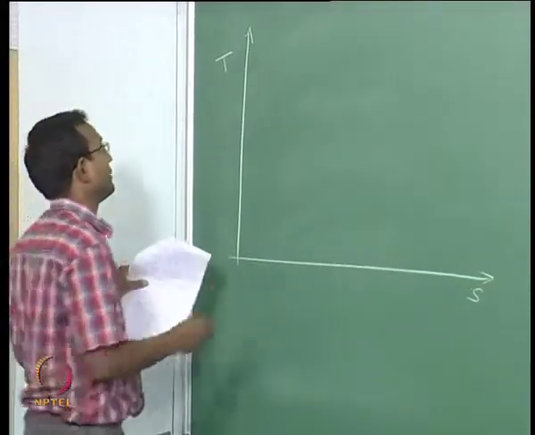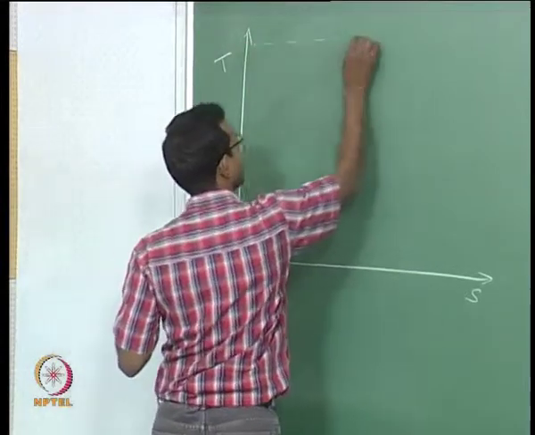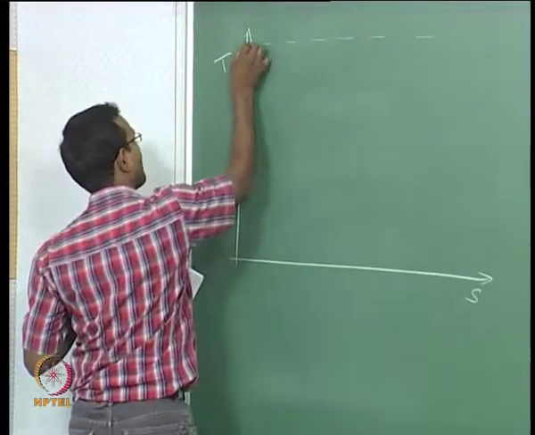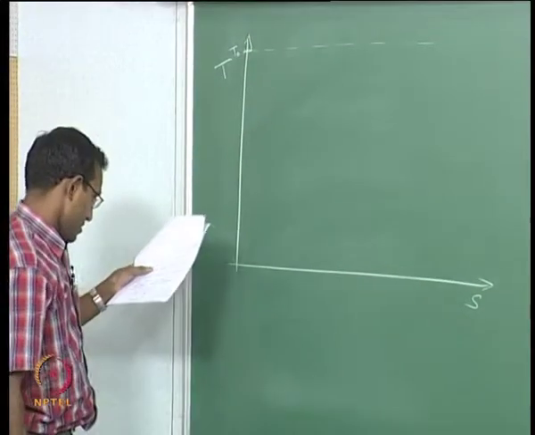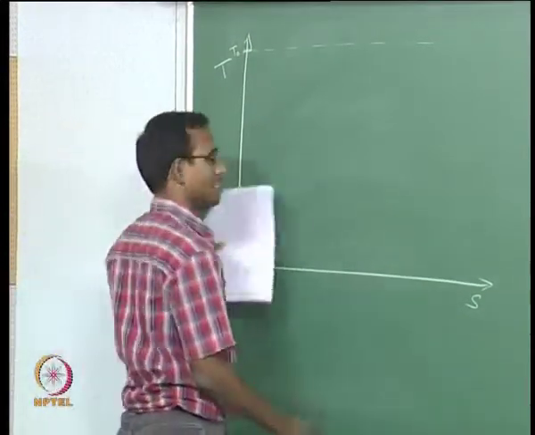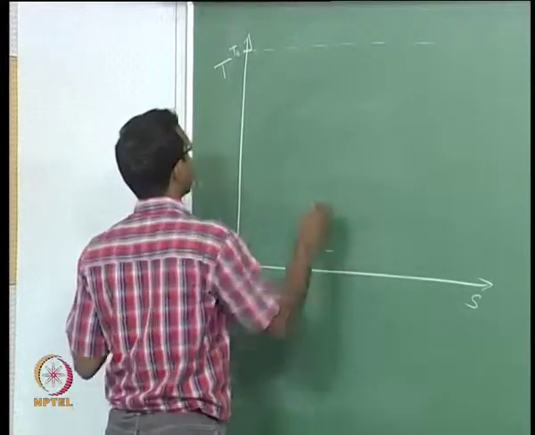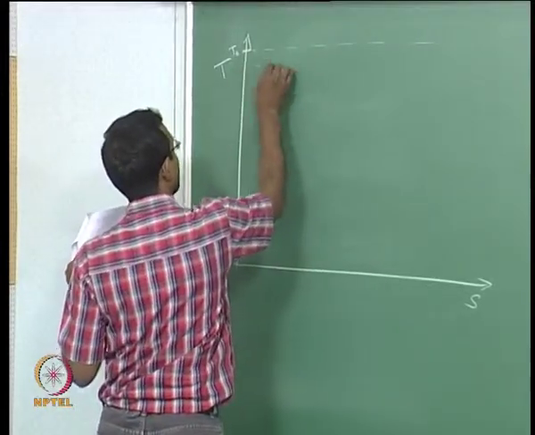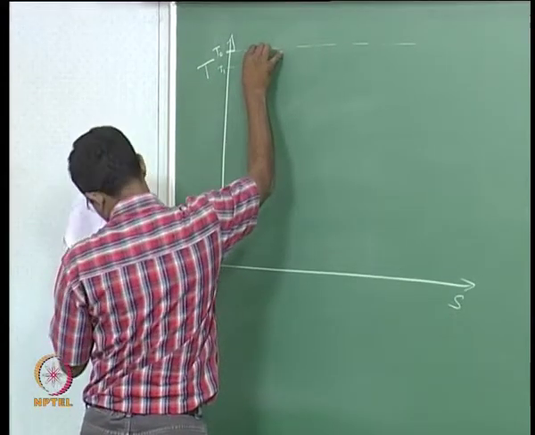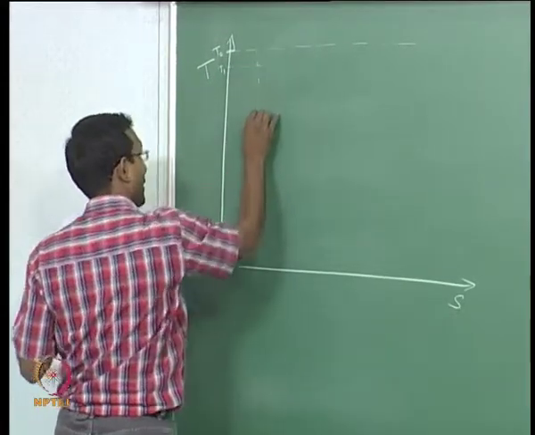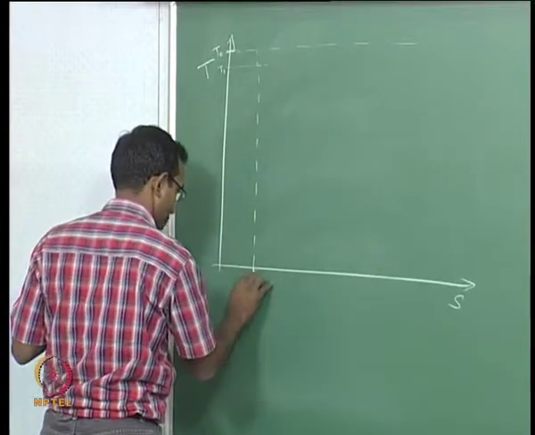We know the whole flow has a constant stagnation temperature, that is my T naught here, and let us say I start subsonic, let us say this is my T1, and it has this particular entropy when it begins, S1.